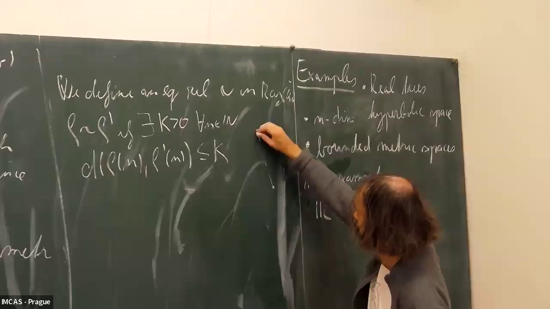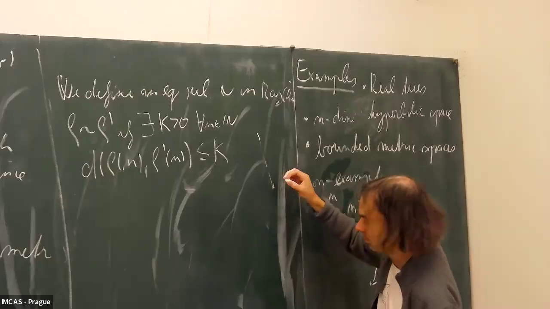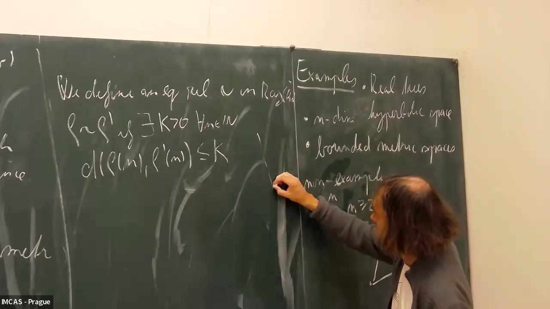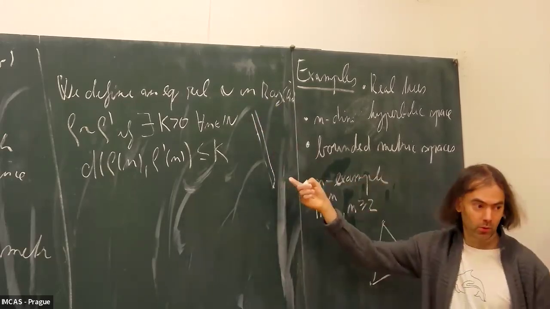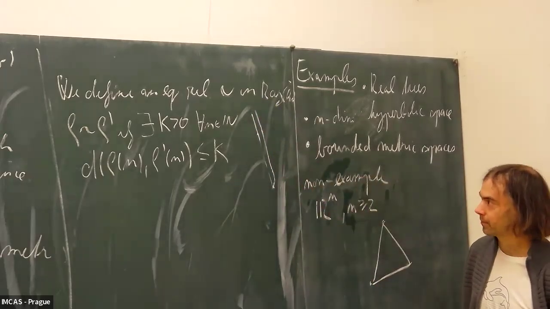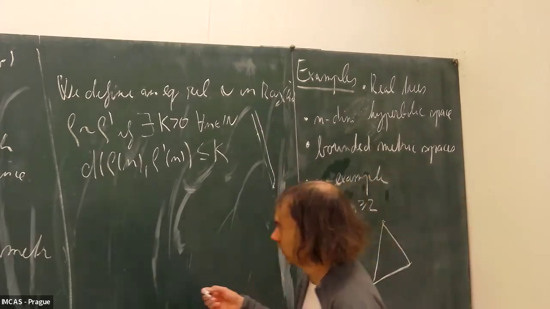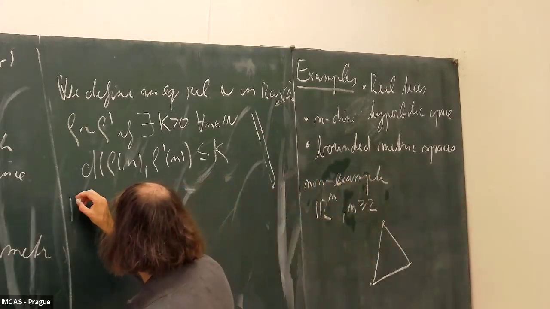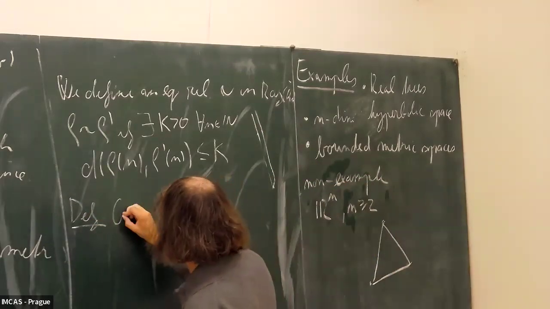We have different rays, but some rays basically point in the same direction, so they stay close to each other, and then you identify them. And now the definition: the Gromov boundary.